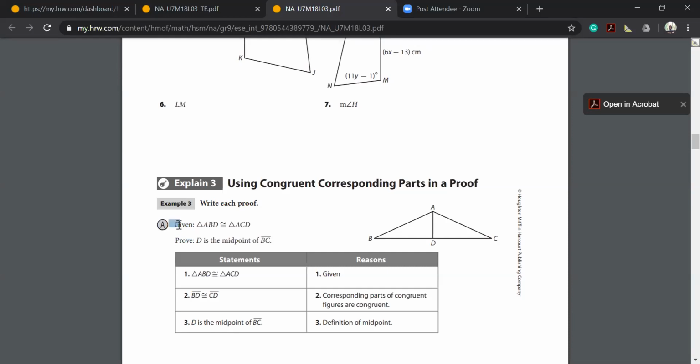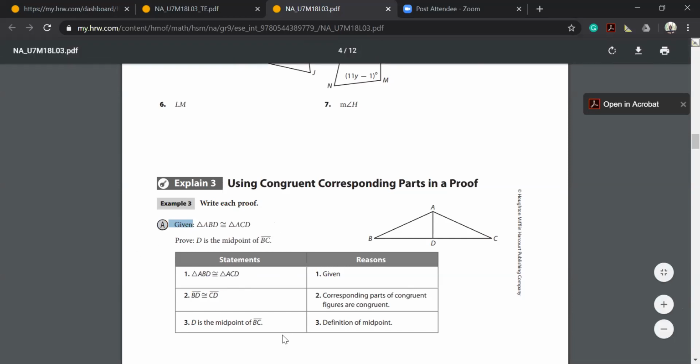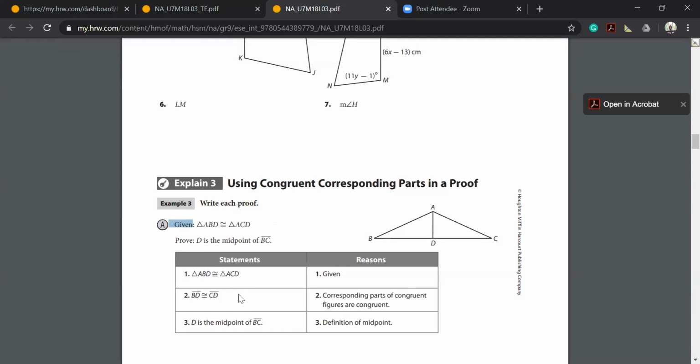This is the beginning of your proof, the first thing that is going to be put inside your table, the given. What you prove should be the last statement. And then in between is the transition. What did you do to go from the given until you find what you have to prove?